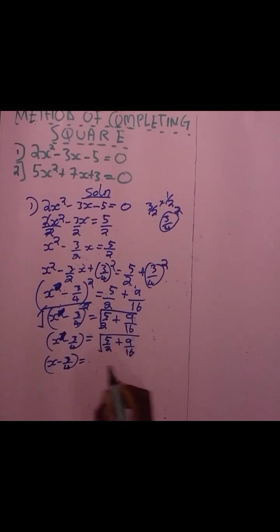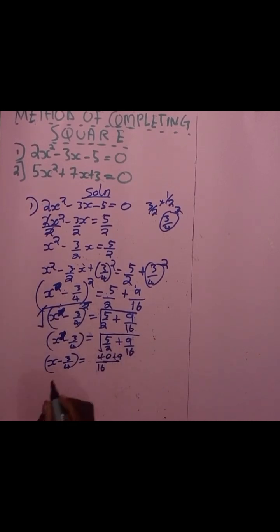The LCM we are having is 16, and 16 into 2 we are getting 8. 8 times 5 we are getting 40, like this. 40. 16 into 16, 1 times 9 we are having 9. So therefore it will become x minus 3 over 4 is equal to 49 over 16. Don't forget the square.